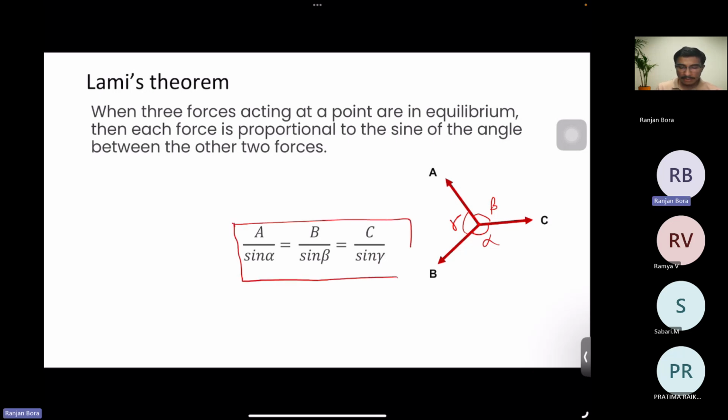So later we can use this relation for solving our numerical problems in the upcoming weeks, when there will be problems related to different joints. We can use this theorem to solve the numerical problem.